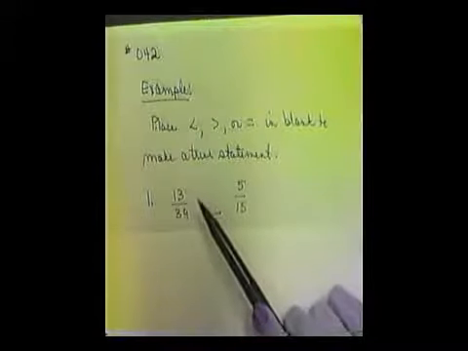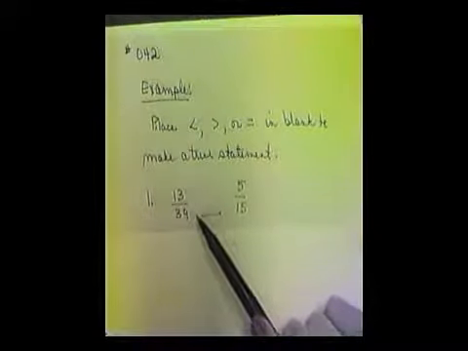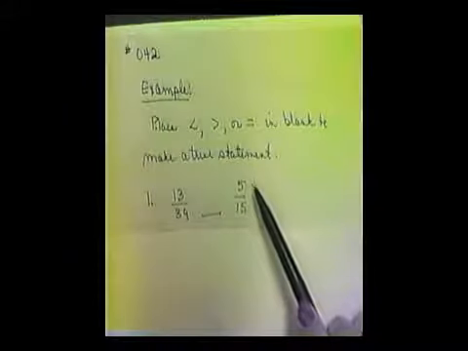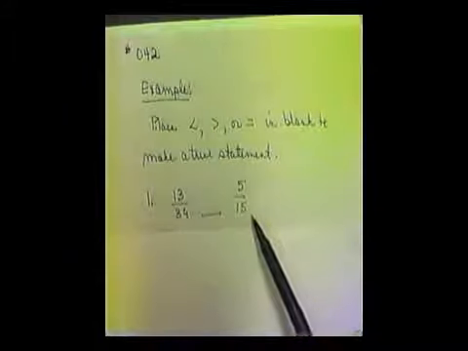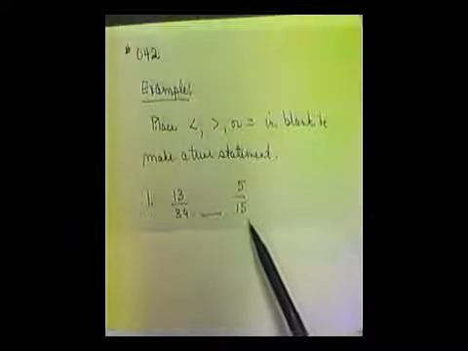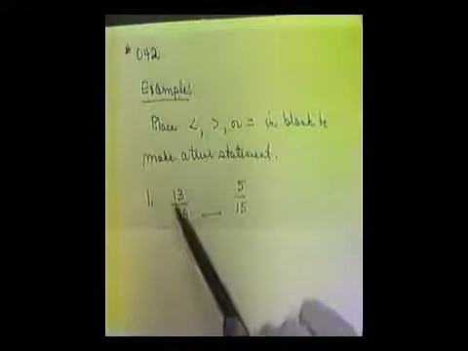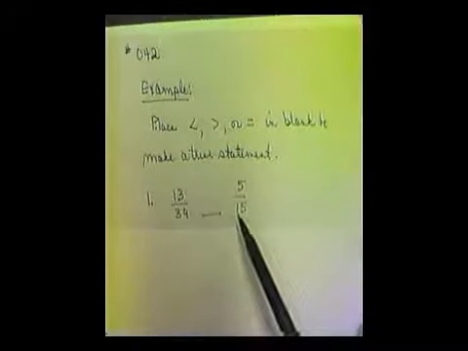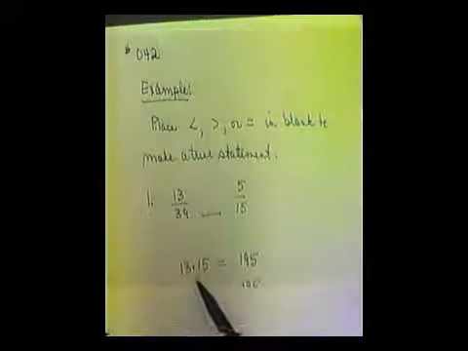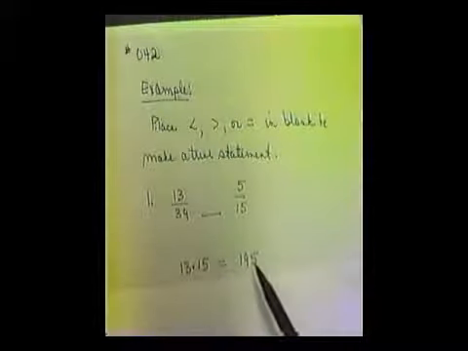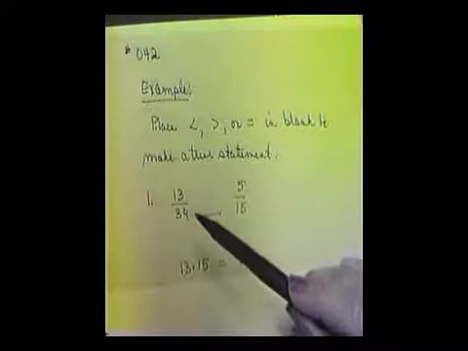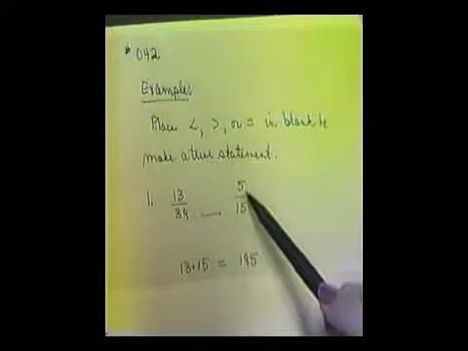First example, I want to know how 13 over 39 compares to 5 over 15. Well, the first thing I want to do is find the product of 13 times 15. The product of 13 times 15 is 195. Then I want to find the product of 39 times 5.